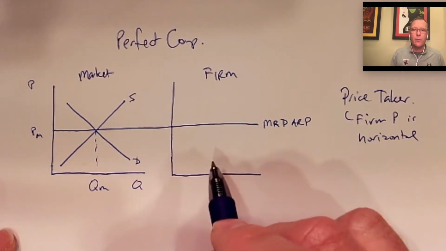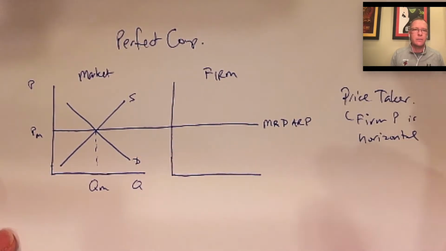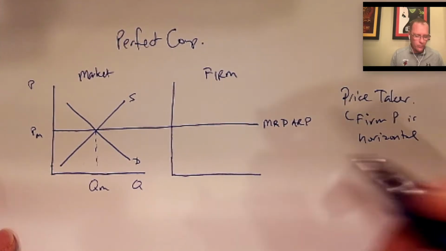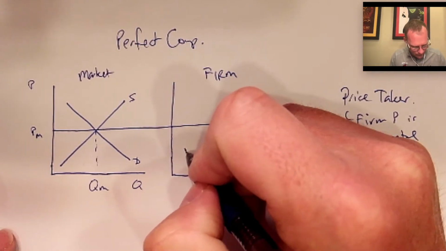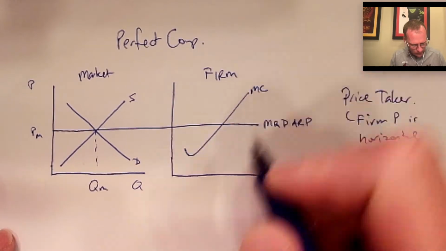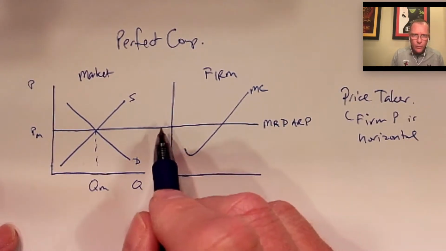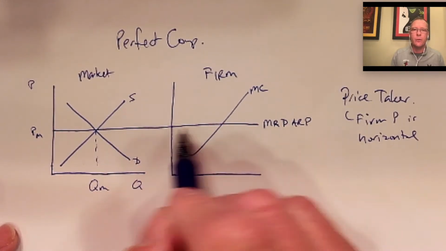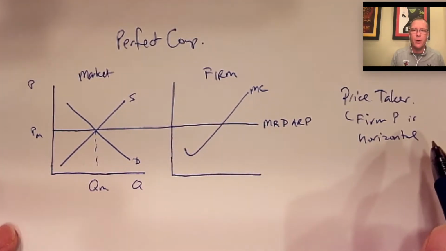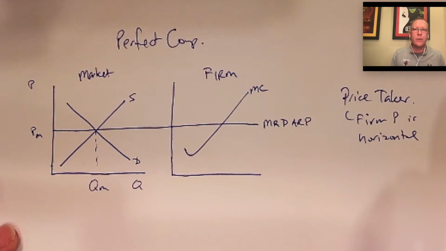If the firm is experiencing just normal profit, remember we have our marginal cost curve, which is that Nike swoosh shape, so draw that in. We already have our marginal revenue line, which is our demand line and price coming across. Then all we really have to do is put in our average total cost.